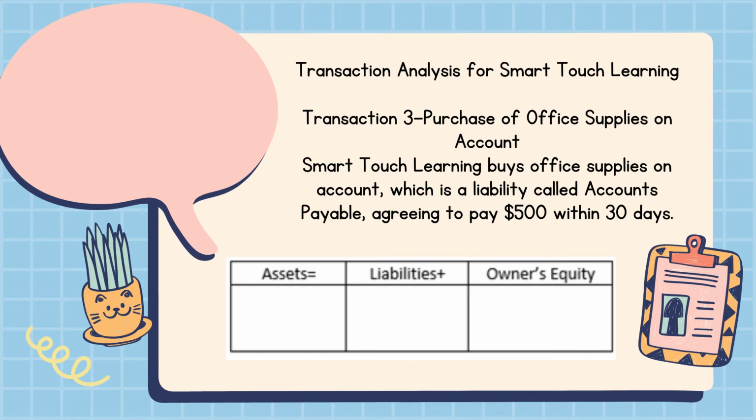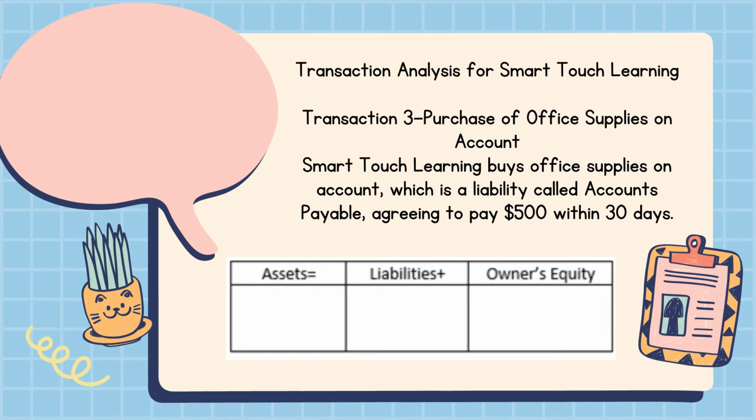Transaction 3, purchase of office supplies on account. Smart Touch Learning buys office supplies on account, which is a liability called accounts payable, agreeing to pay $500 within 30 days.